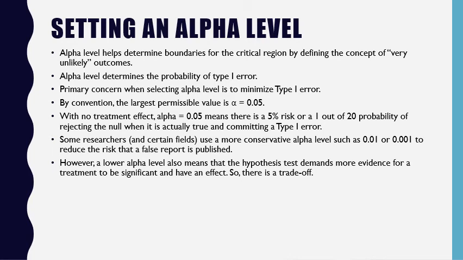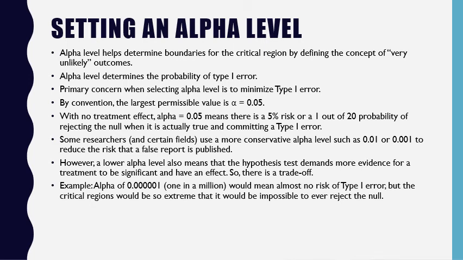A lower alpha level also means that the hypothesis test demands more evidence for a treatment to be significant and have an effect. So there is a trade-off, especially in educational research. For example, an alpha of 0.00001, 1 in a million, would mean almost no risk of type 1 error, but the critical regions would be so extreme that it would be impossible to ever reject the null.